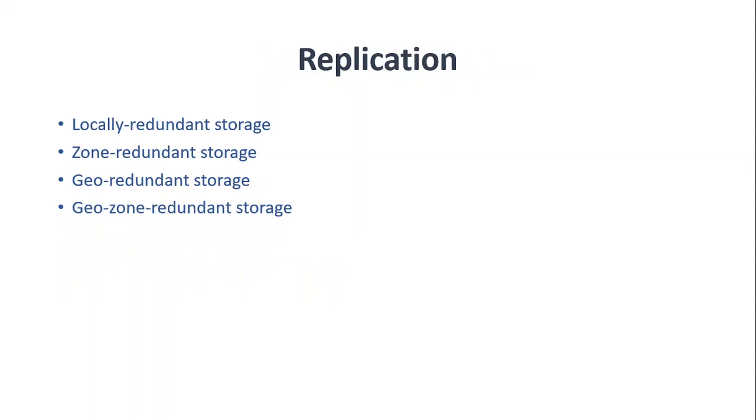So let's look into replication. Replication is very important for high availability and disaster recovery. There are four types of replication methods available: locally redundant, zone redundant, geo redundant, and geo-zone redundant storage.